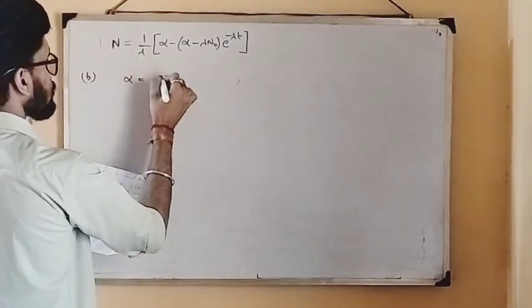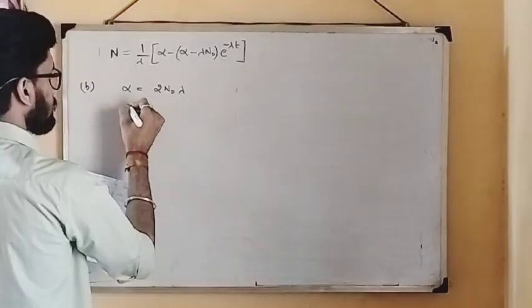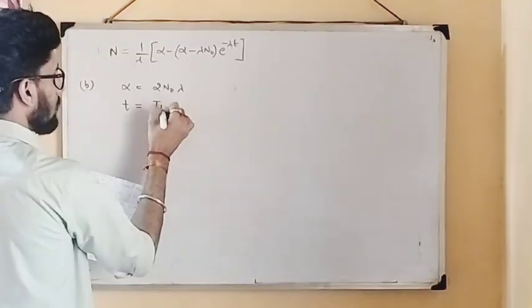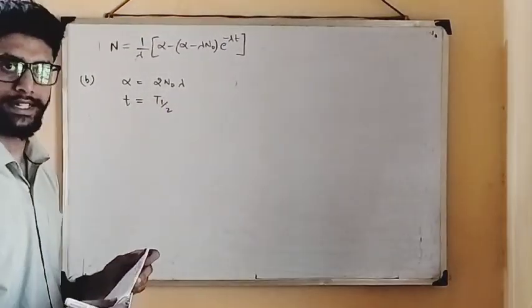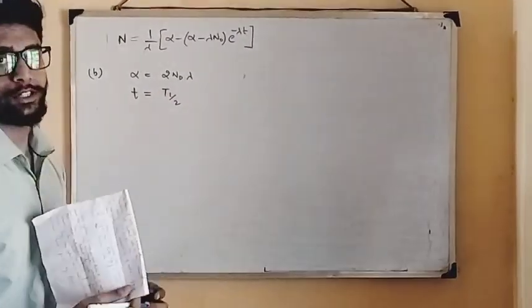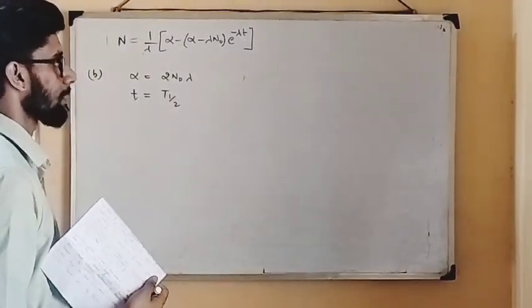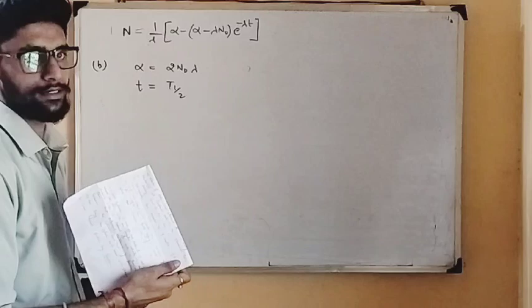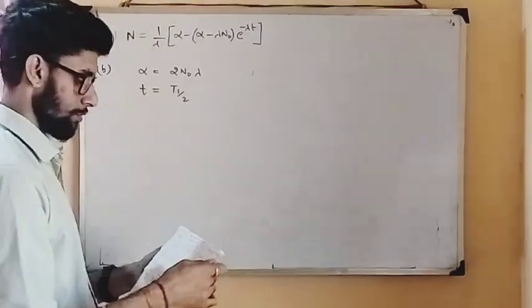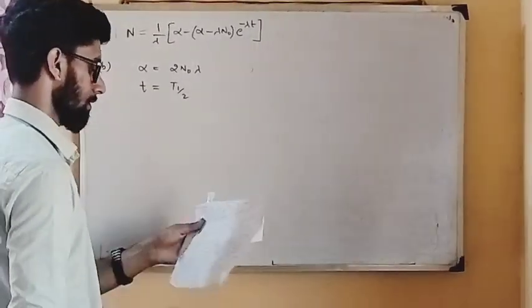Alpha is given as 2 n naught lambda, and t is equal to t half. We have to put these values over here and, using those values, find the final answer. So let's just do it.